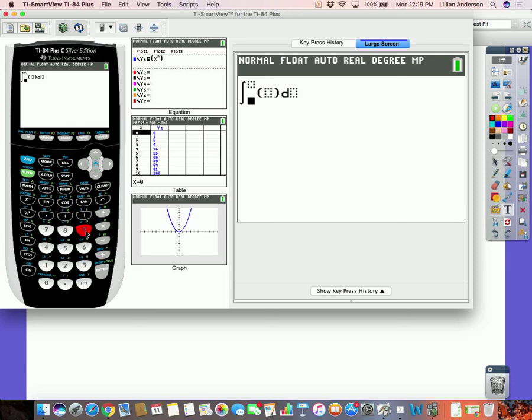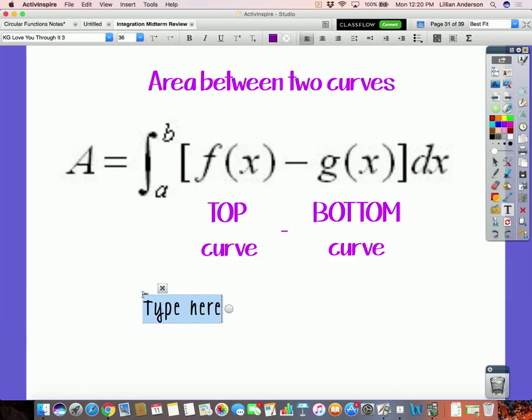But for those that didn't have this feature, okay? For those that didn't have this feature, after you press the math 9, you had to type in your top curve, or you actually typed in your function, what it was after you subtracted the 2.